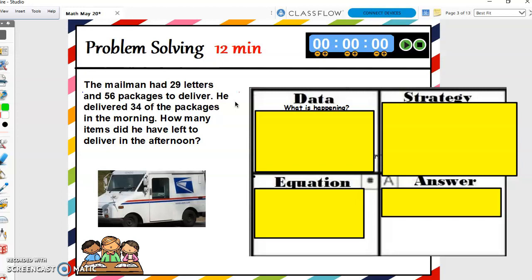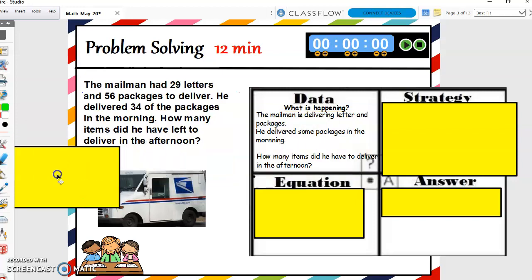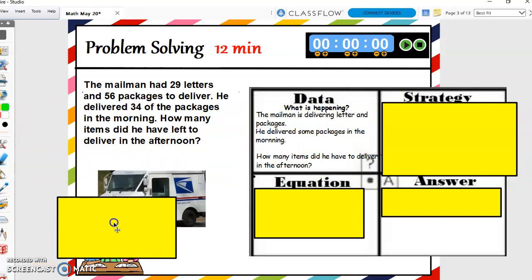So who are we talking about here? If you said mailman, you're correct. And what did the mailman do? Yes, he delivered packages and letters. So that's what we will put: the mailman is delivering letters and packages.